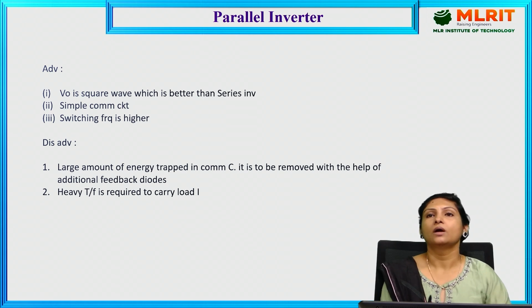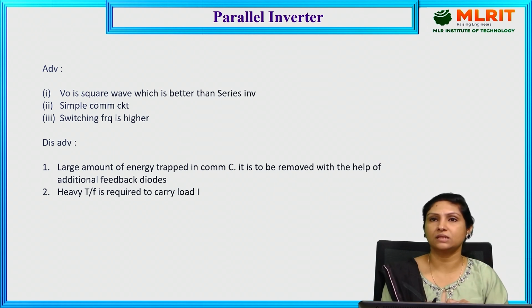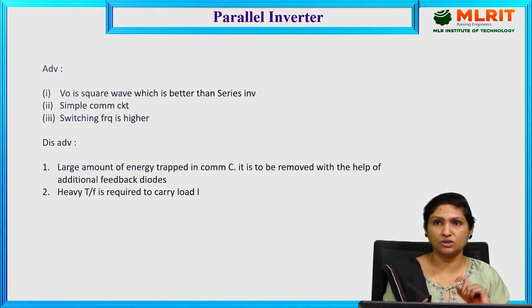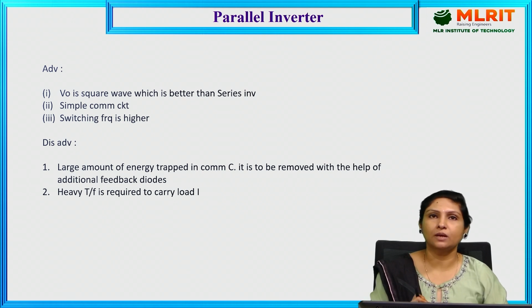And here the output voltage of the parallel inverter is a square waveform, which is much better when compared to that of a series inverter. That is one of the advantages associated with the parallel inverter. The other is a simple commutation circuit.